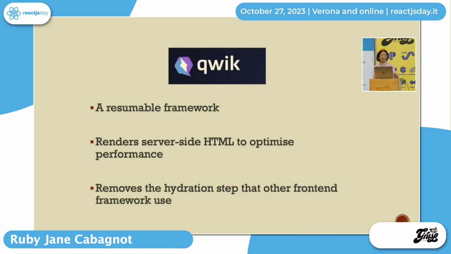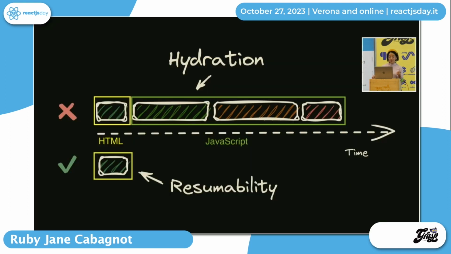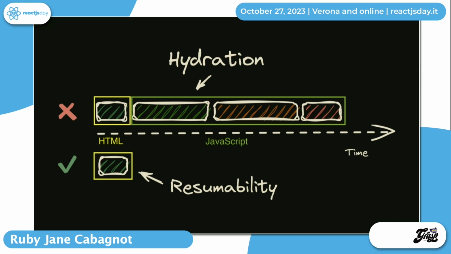So this is where Qwik comes into the picture. Qwik has been called the resumable framework. It renders server-side HTML to optimize performance and completely removes the hydration step that other current frameworks use. Here I have an image of the time to interactive with hydration in typical current frameworks.